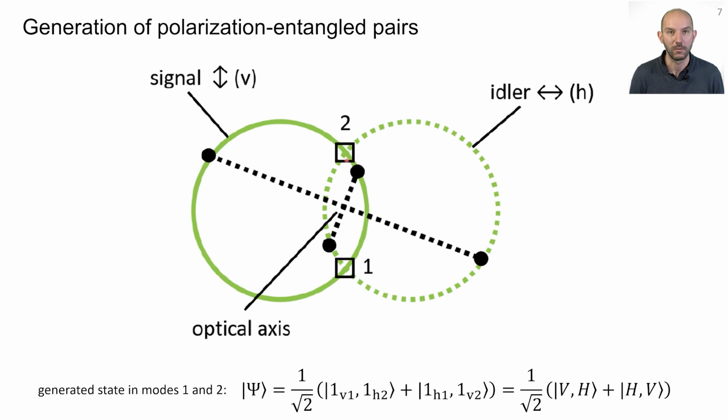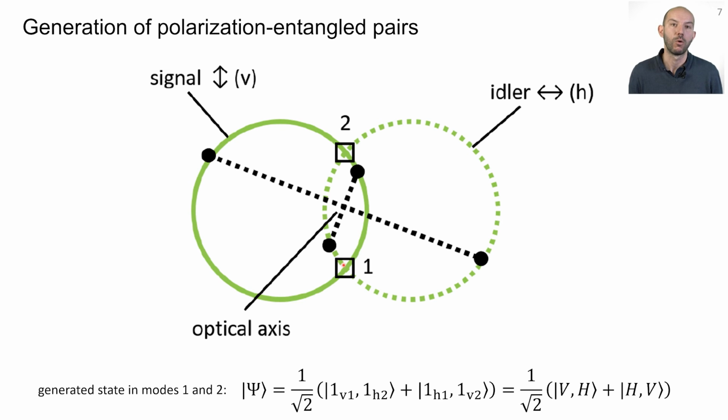And one is that we basically have a vertical photon up here in this point number 2, on the solid circle, and the corresponding horizontal photon on the dashed circle down here in mode 1. Yeah? Or we can have the opposite case, that here we have the horizontal photon on the dashed circle, and here we have the vertical polarized photon on the solid circle.